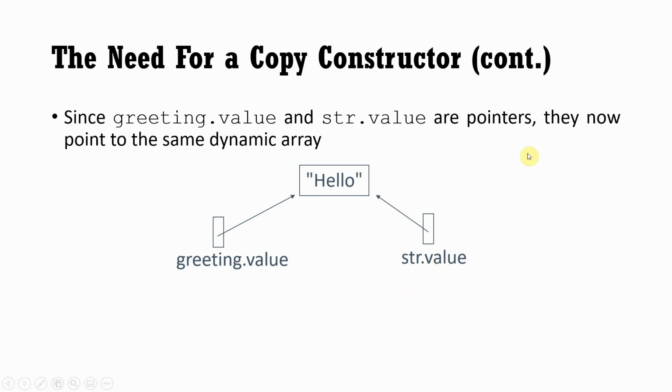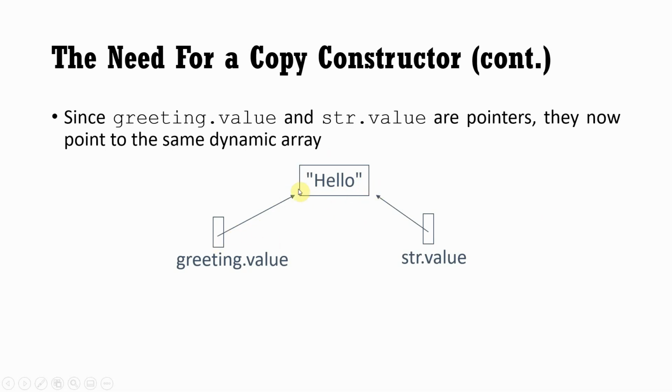We have two objects. This is the original object greeting, which had a value pointer that points to a dynamic character array. Once the copy constructor was called, it did only a shallow copy.